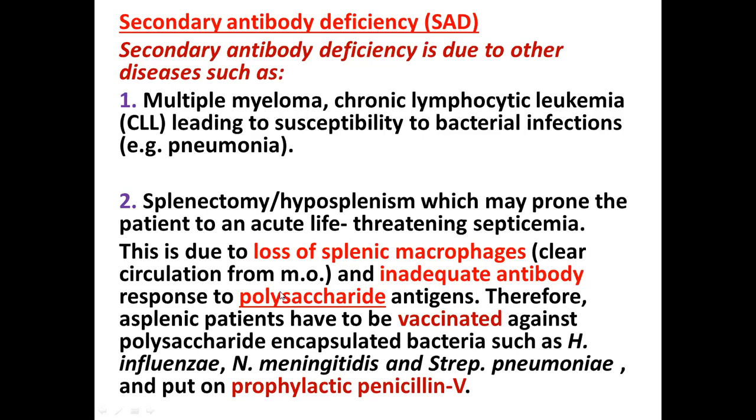These patients will suffer from microorganisms which have a polysaccharide capsule, like Haemophilus influenzae, Neisseria meningitidis, Streptococcus pneumoniae. So these patients have to be vaccinated with killed vaccine against these microorganisms. Also, they should be put on prophylactic penicillin V for the rest of their life.